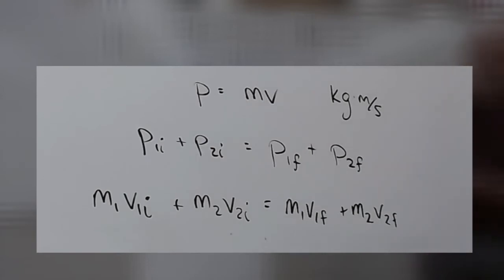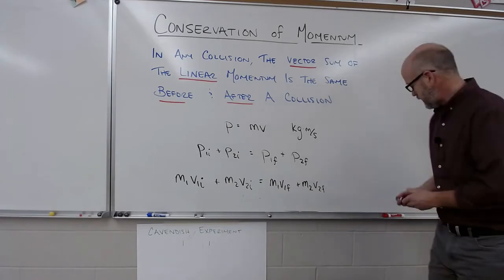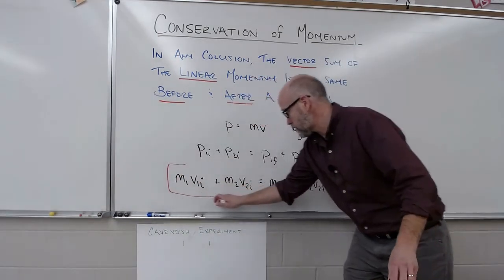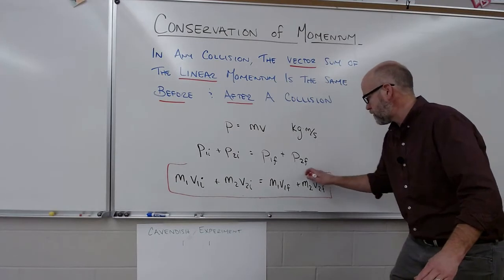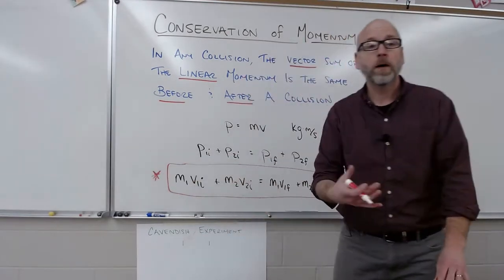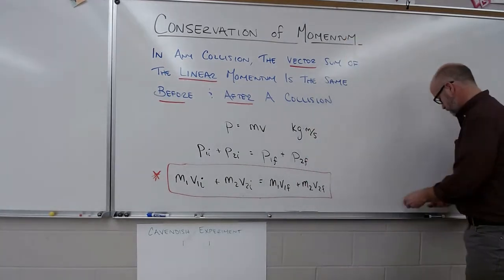It just rolls off the tongue after a little bit. Good. Write that down. Put a big fat rectangle around it, a couple stars. Make sure it stands out in your notes. When we are looking at a collision, momentum must be conserved.